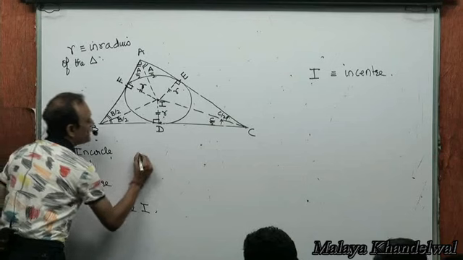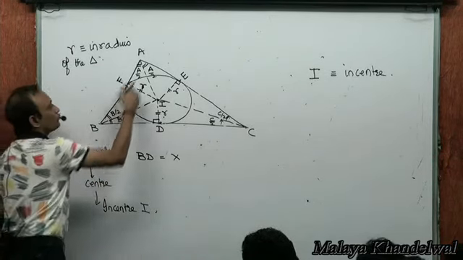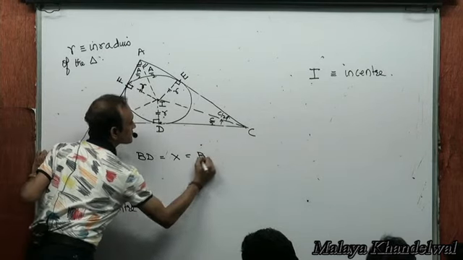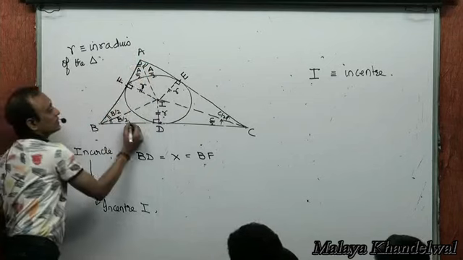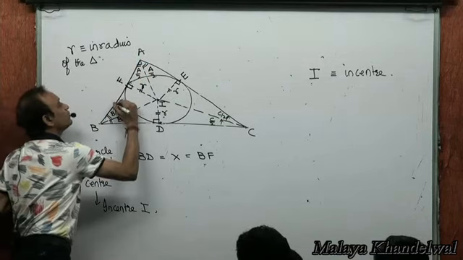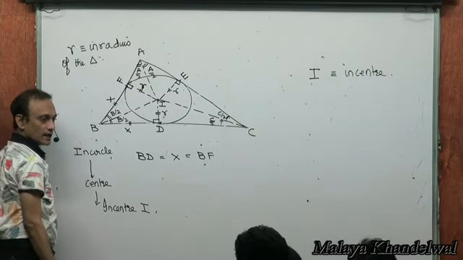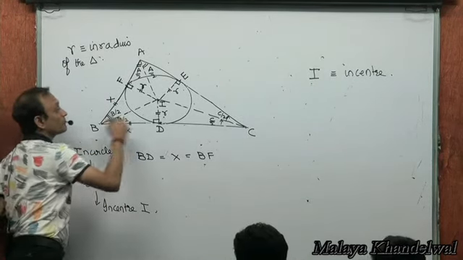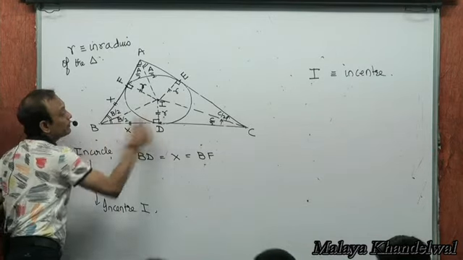Now, if BD is x, would you mind believing that BF is also x? Tangents from an external point to a circle. So, if BD is x, BF will also be x. Tangents drawn from an external point to a circle are equal in length.